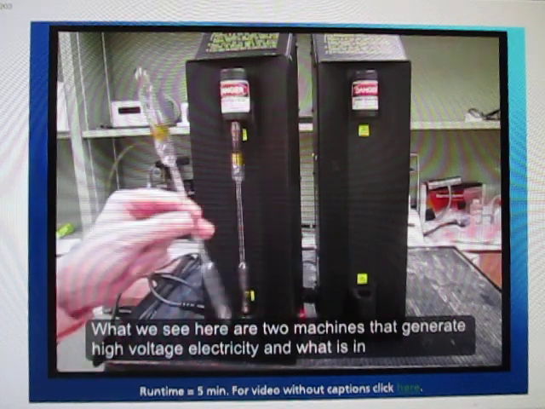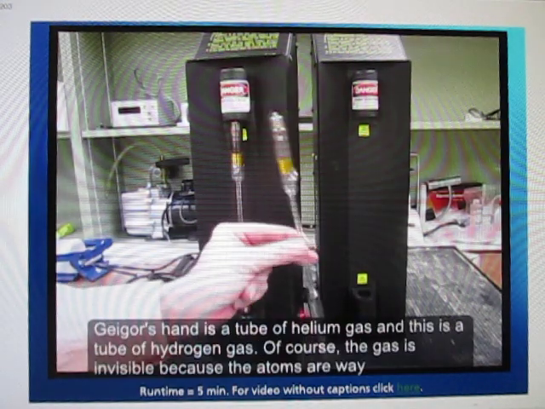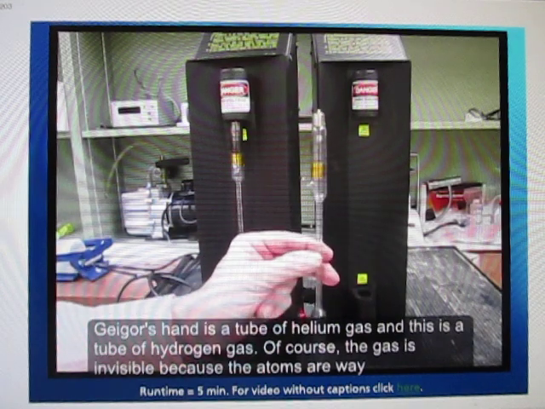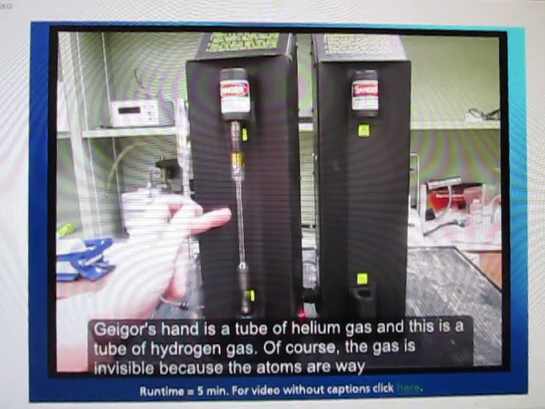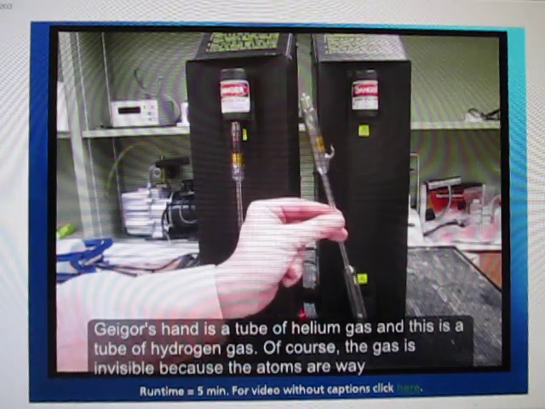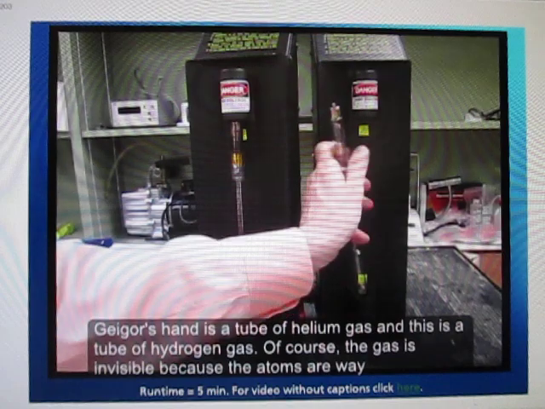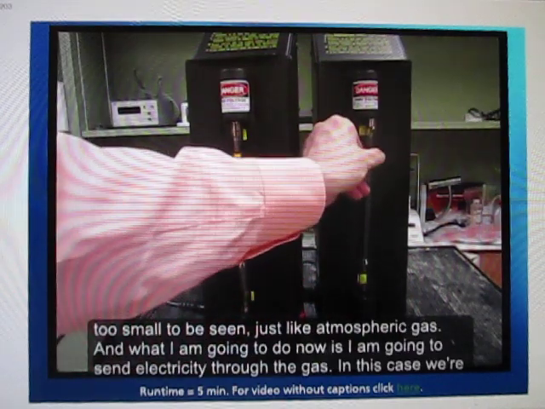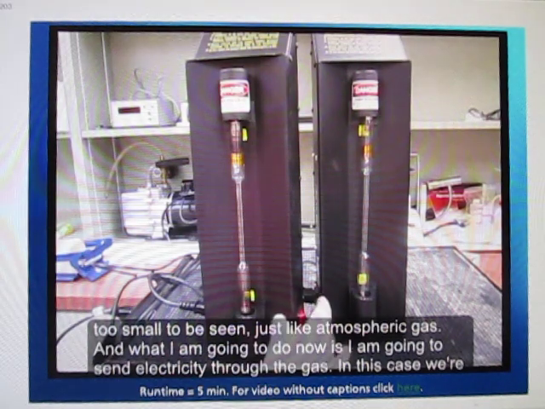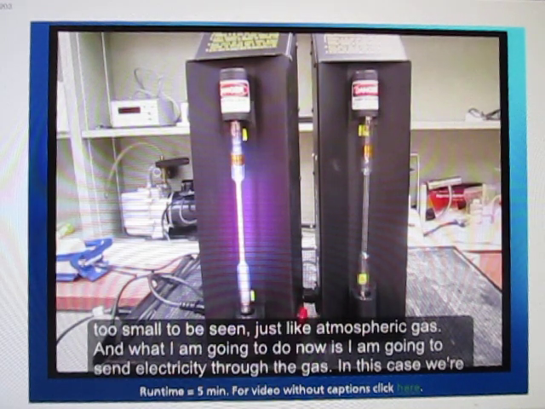And what is in Guy Gore's hand is a tube of helium gas, and this is a tube of hydrogen gas. Of course, the gas is invisible because the atoms are way too small to be seen, just like atmospheric gas. And what I'm going to do now is send electricity through the gas.